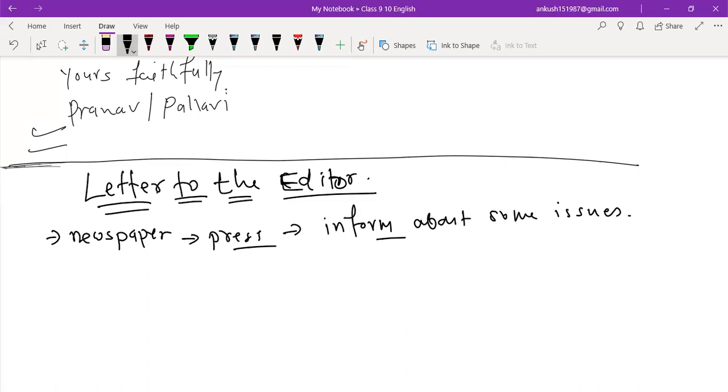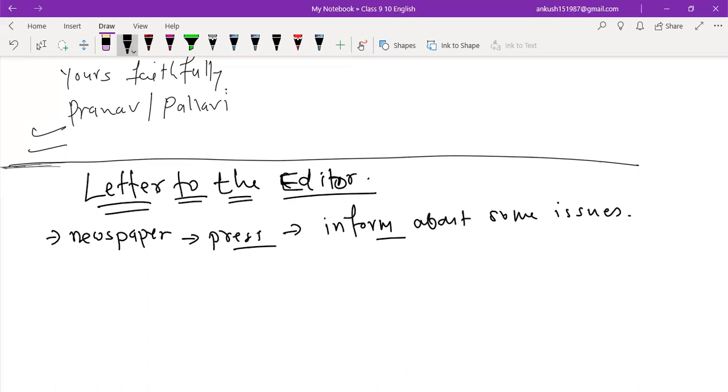Manipulation should not be done while writing the letter to the editor. What is meant by manipulation? Manipulate means to make the person think in two or more than two ways. That is manipulation. Got it?